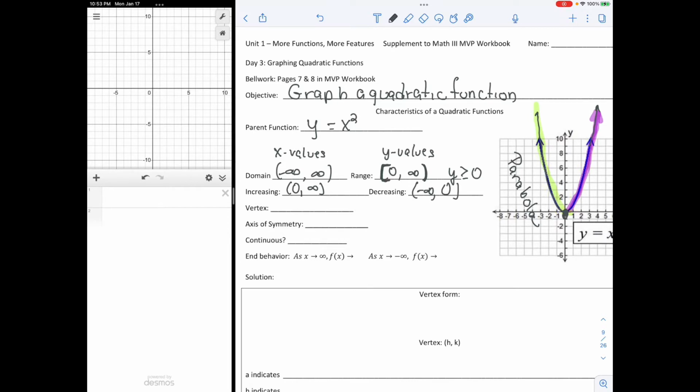My vertex, this is the vertex. A vertex is a max or minimum point. So this is my vertex, and my vertex happens at 0, 0. Then we have something called the axis of symmetry.